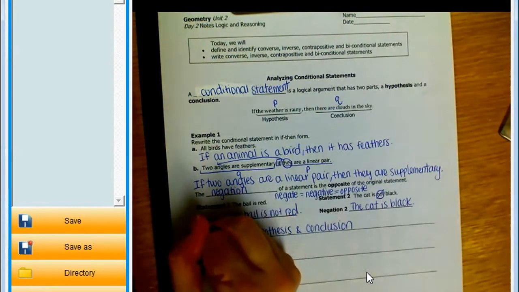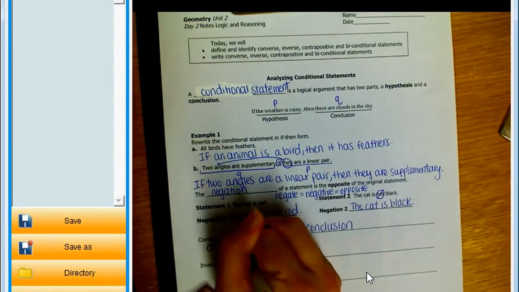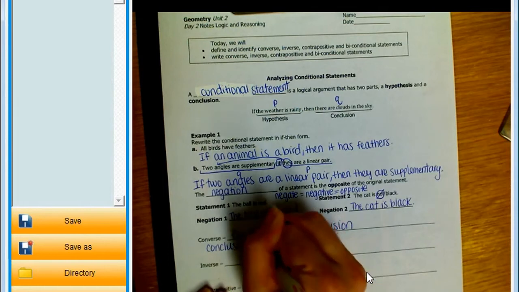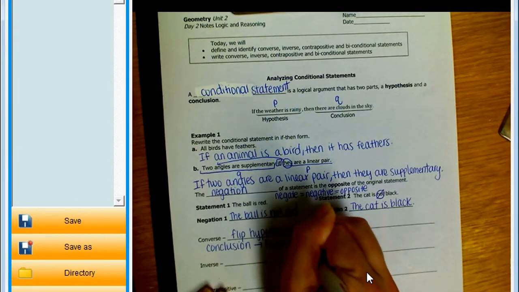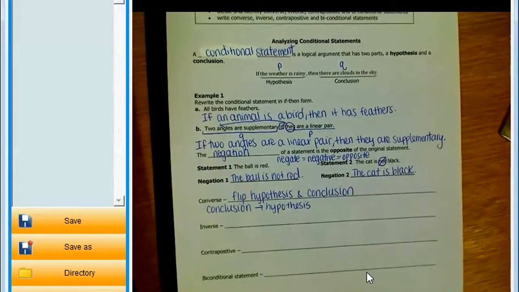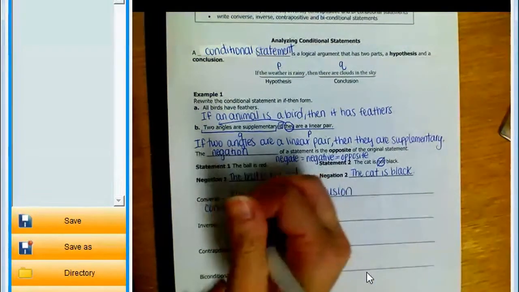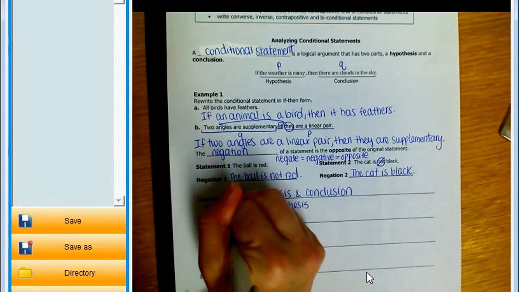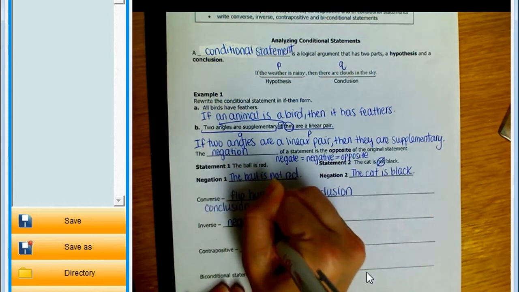So you will see conclusion implies hypothesis. For the inverse, we leave the order the same, but we negate. Negate hypothesis and conclusion.